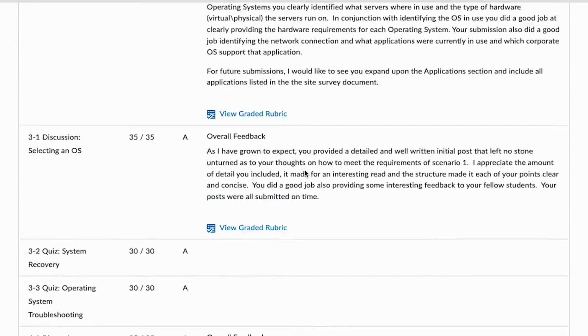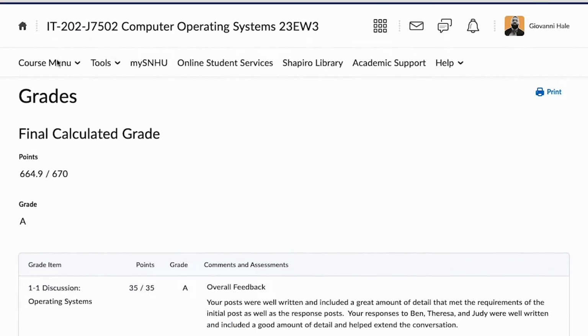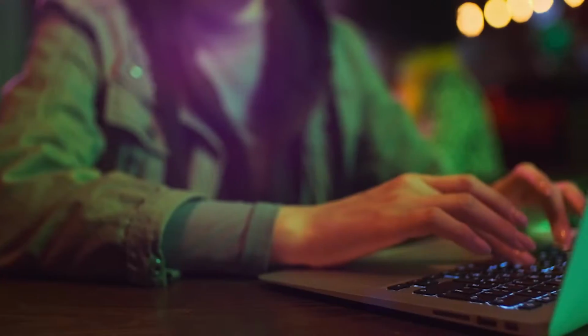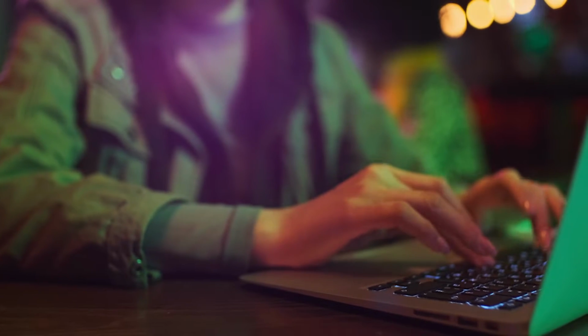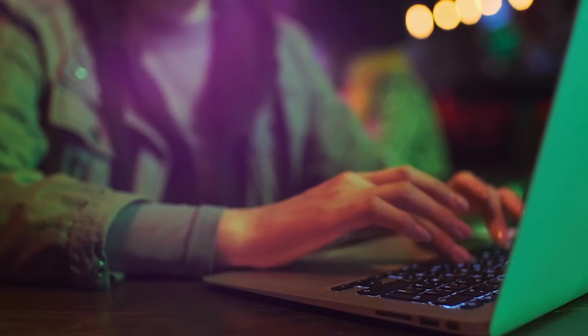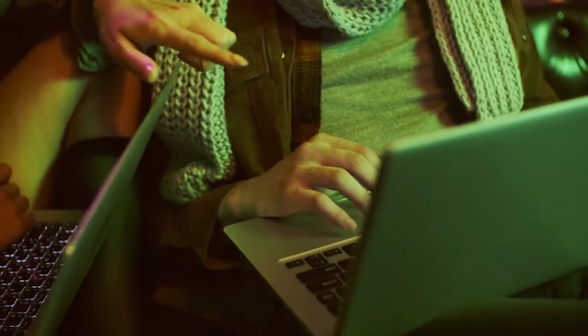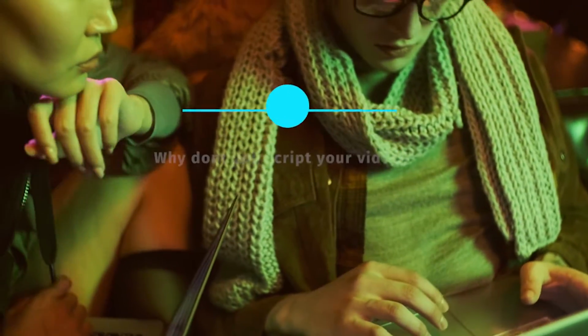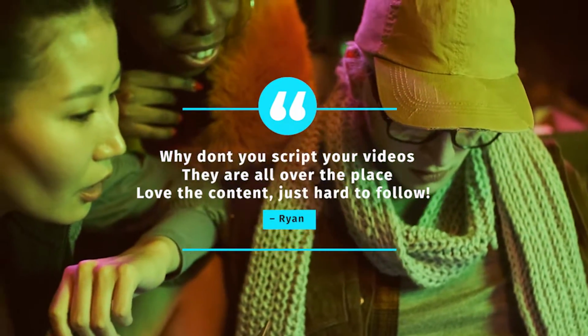So let's just dive in and get to the work itself for this particular week and what I found out. As most of you know, I don't really script these. I try to do it as if you and I were having a conversation.